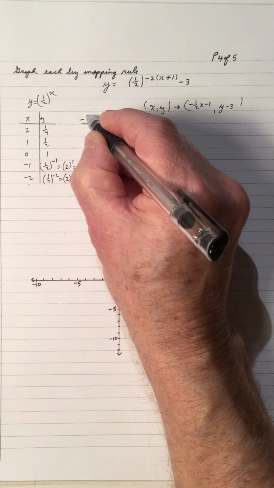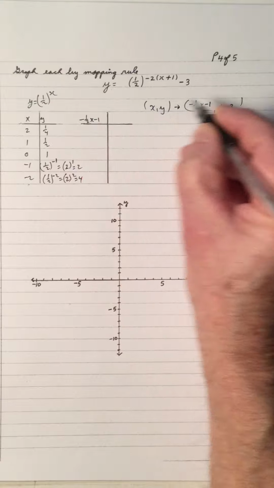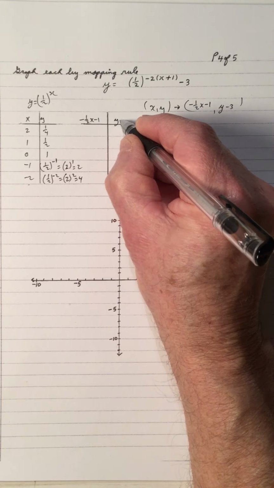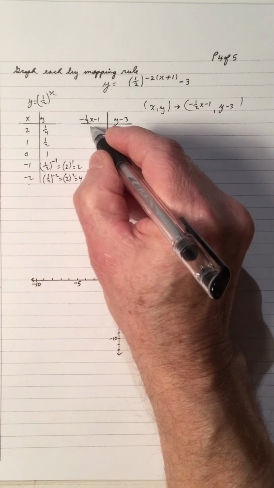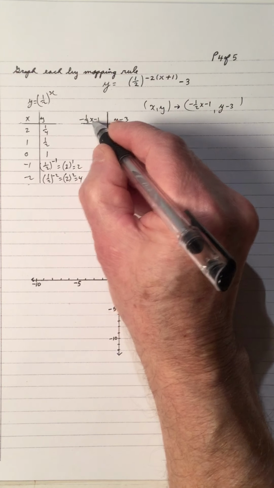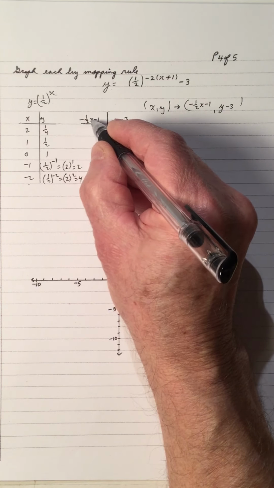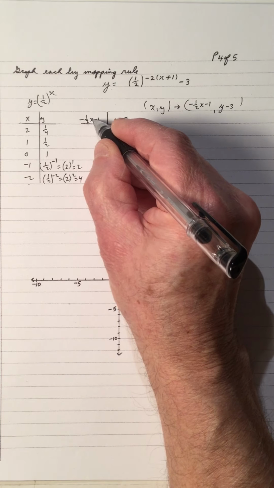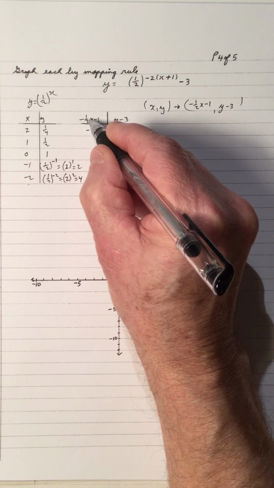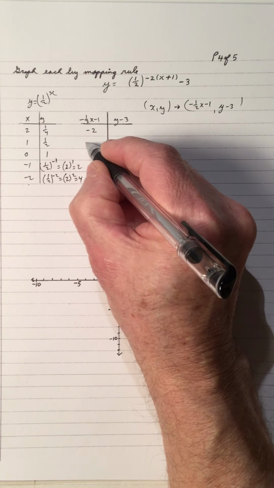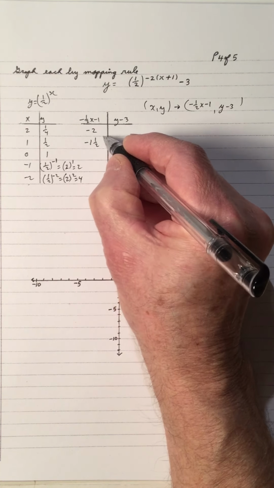So we take -1/2 x minus 1, and y is -3. So we take these values, sub them in. Sub in a 2, 2 in the place of x. -1/2 times 2 is -1 minus 1 is -2. Put 1 in. 1 times a half is -1/2 minus 1 is -1.5.